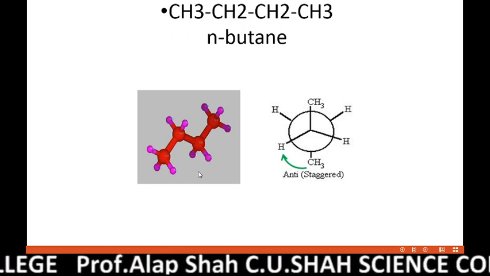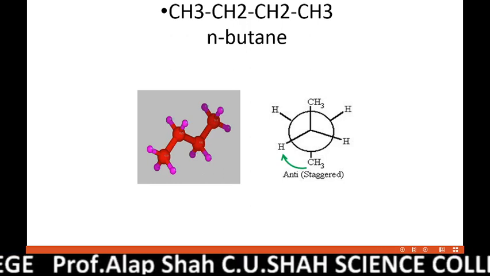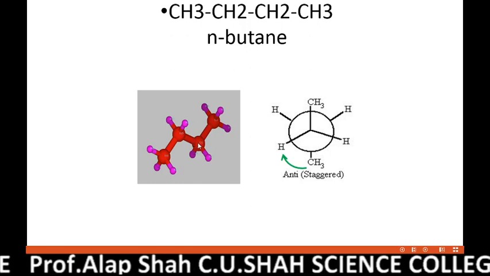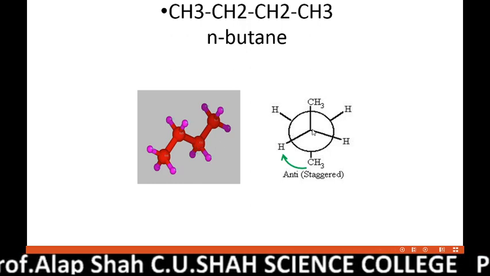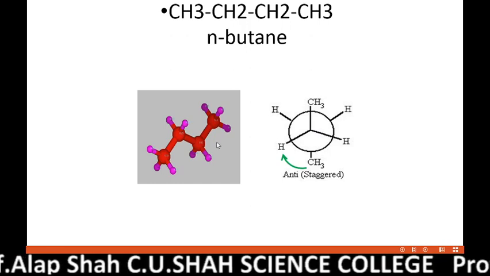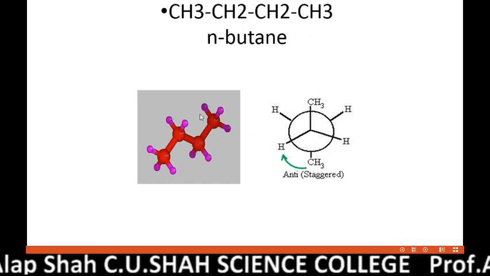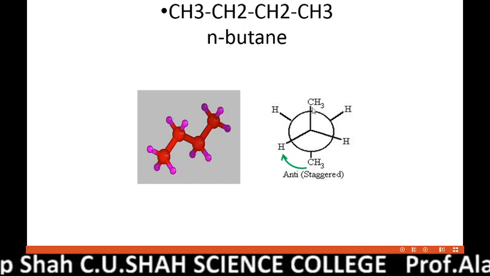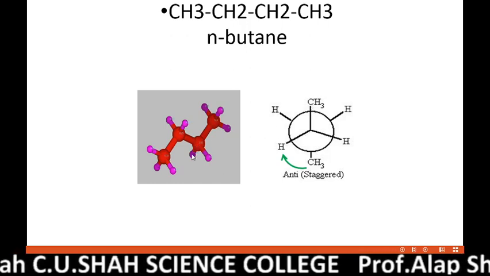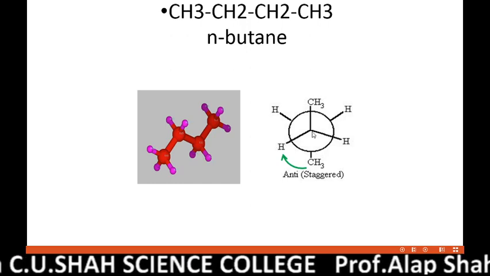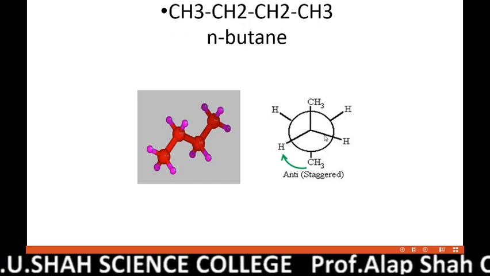But whenever you write a Newman projection, we first write this second carbon as the center of the circle. That is attached with the CH3, this one. This carbon also has CH2, so you can see this CH2.